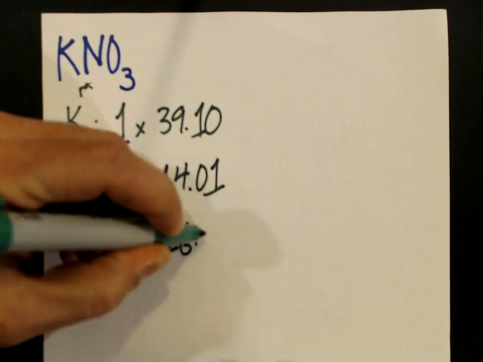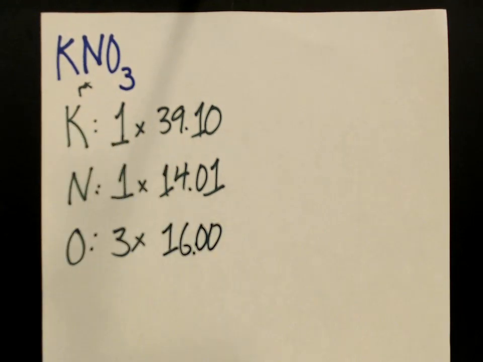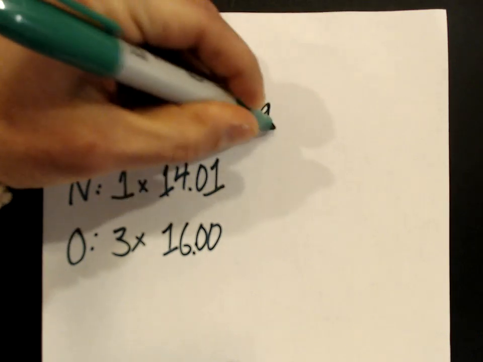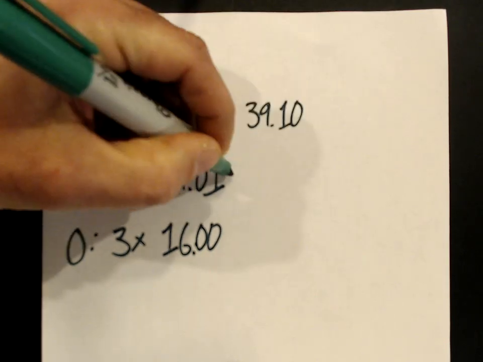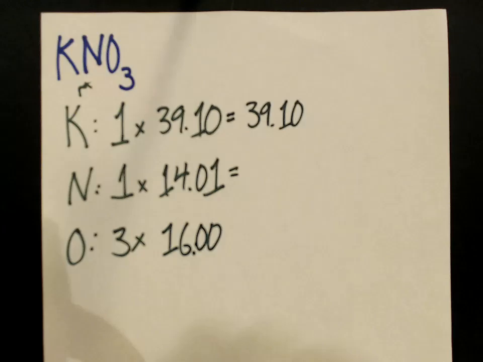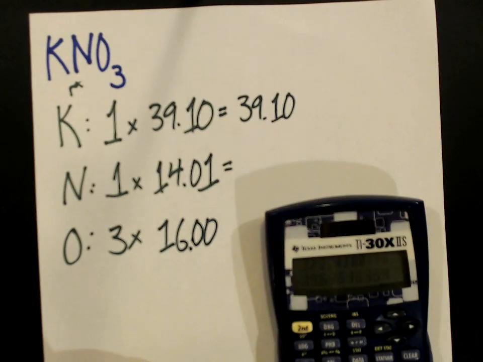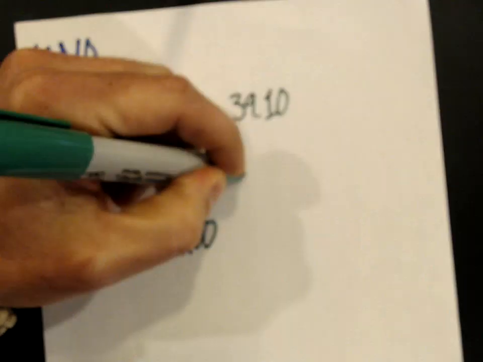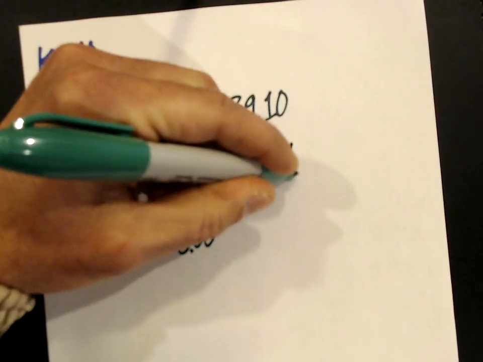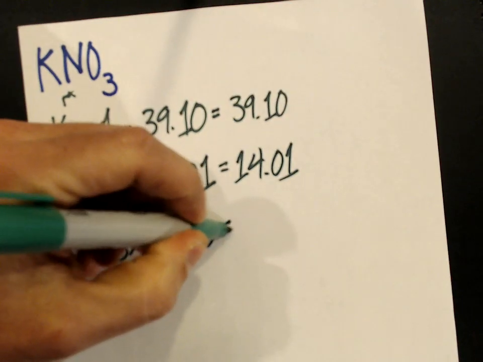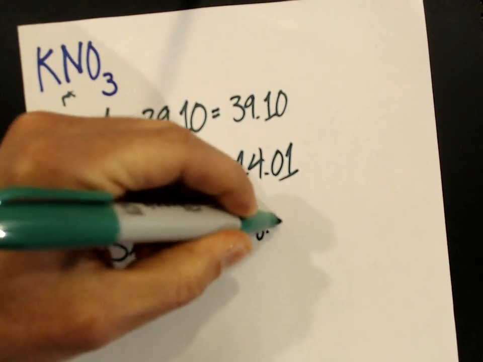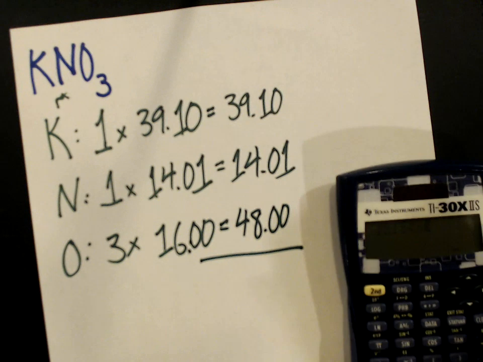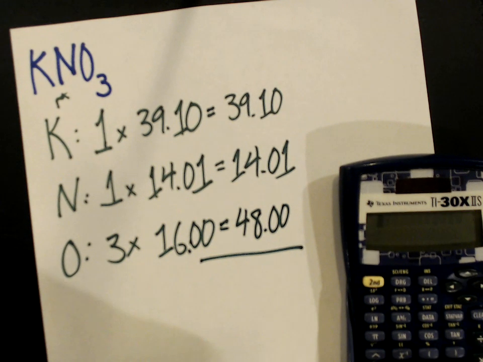There you go. 16.00. And so let's do a little bit of math. 1 times 39.10, 39.10. 1 times 14.01. Let me calculate that one. Okay, it is 14.01. And 3 times 16.00, 48.00. Great.